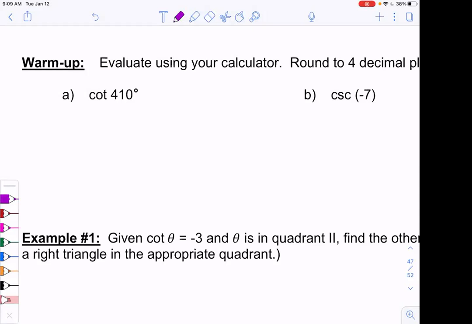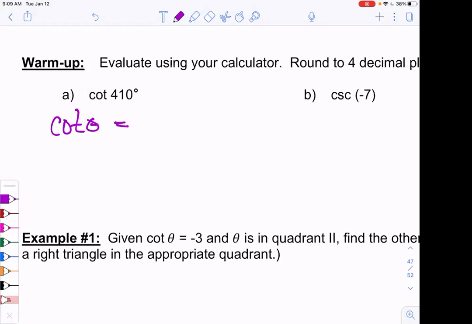When I put tangent of 410, and then I put that to the -1, it worked. Yes, it might, because there might still be an angle value for that number. So when you're using your calculator, we know that the cotangent is equal to what?